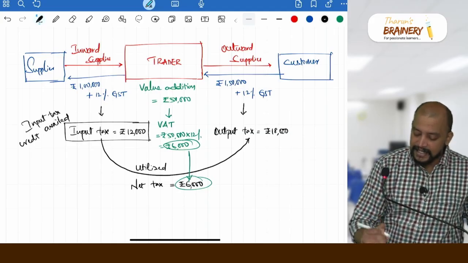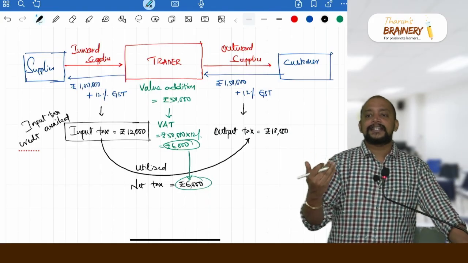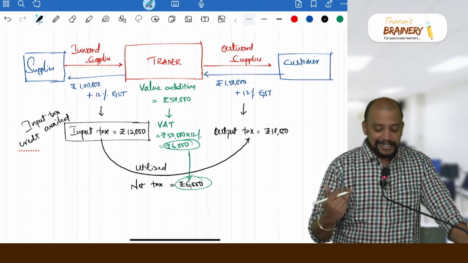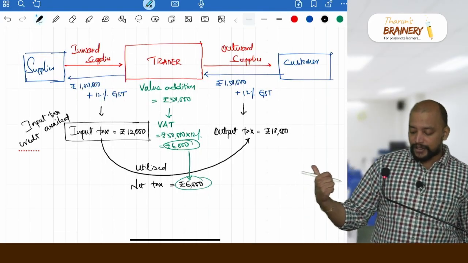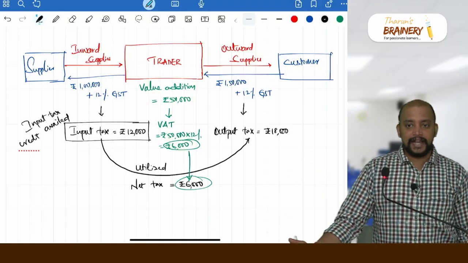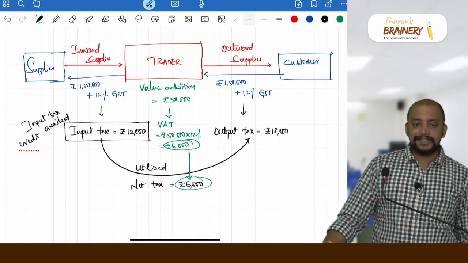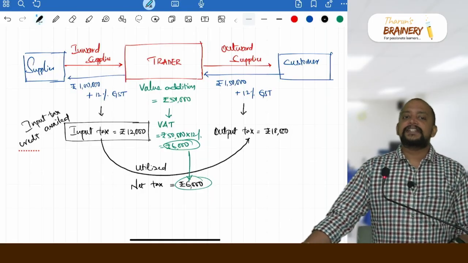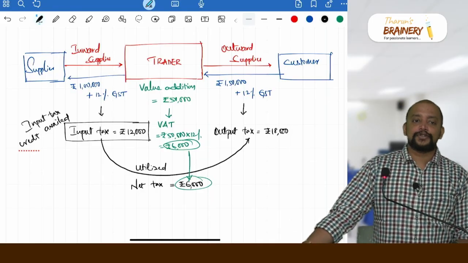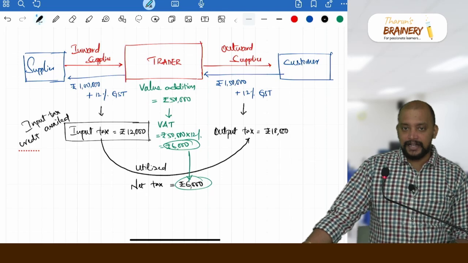Availed means recognized in the returns or recognized in the books. That is called as input tax credit availed. ITC availed, utilized for payment of output tax on outward supplies. Okay. So quickly make note of this chart in your notebook. We will see some journal entries also to know how it will be applied in accounting.